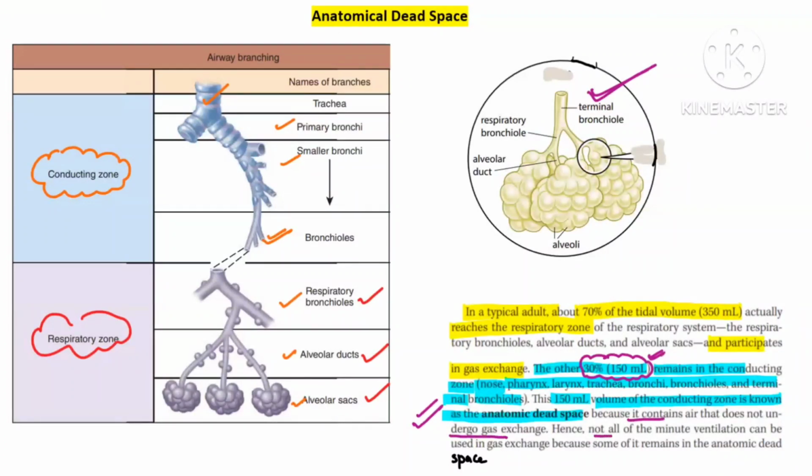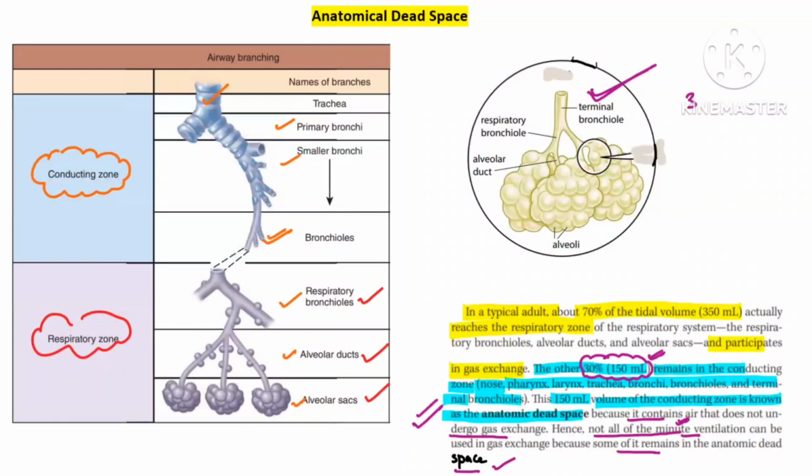That is why all of the minute ventilation, which is what you breathe in 1 minute, is not used for gaseous exchange. Why? Because some of it remains in the anatomical dead space. So if they ask you numerical questions by giving you any volume, suppose they give 600 ml as the tidal volume, then you have to calculate 30% as the anatomical dead space.